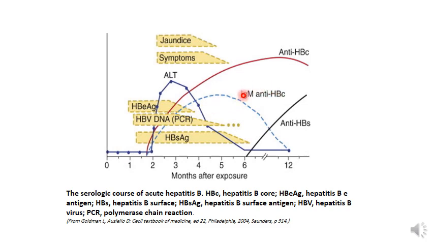There is also presence of IgM anti-core antibody and hepatitis B surface antibody here for clearance of the virus, and this is the IgG anti-core antibody. So important here, you see the elevated liver enzyme, and they will get back to normal baseline.